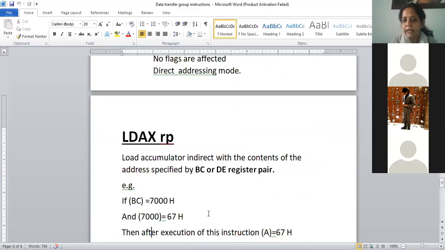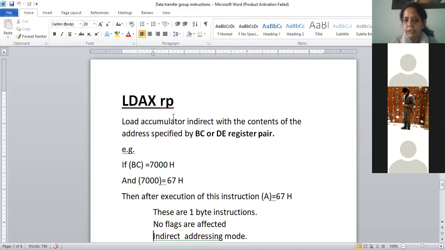Then we had seen the LDAX RP instruction. Whenever X is there in the instruction, you have to always remember that a register pair is taken into account. So LDAX, then RP, that is the BC or DE register pair you can use in this particular instruction. This syntax you have to remember. So if I say LDAX B, that means whatever is the address in the BC registers, BC has a 16-bit number.